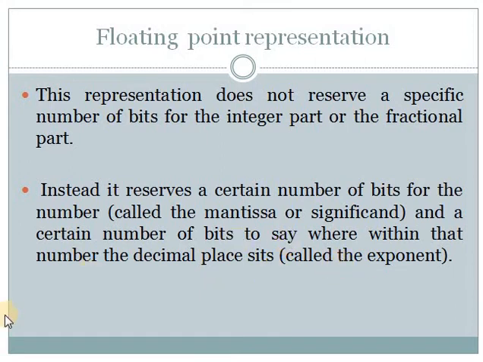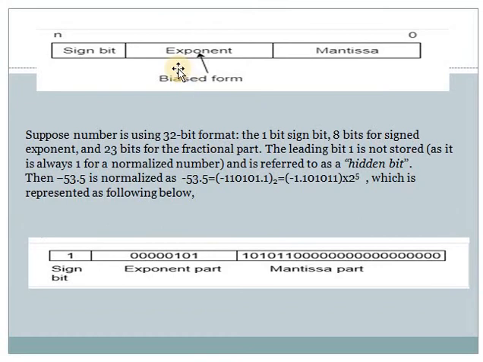So we will see the syntax for this. See here: sign bit, biased form and mantissa. For example, if we take 32 bits, the sign will occupy only 1 bit.